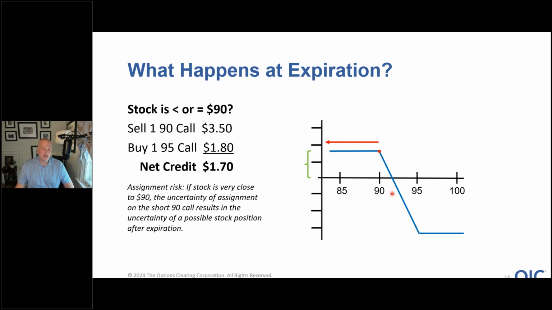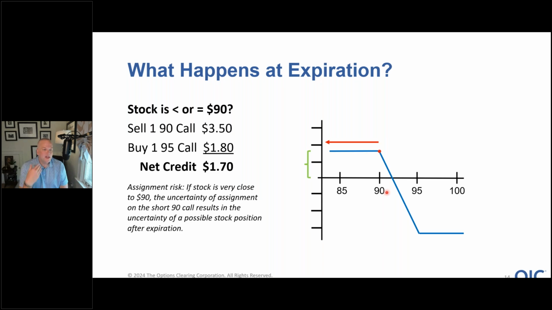If you were to be assigned on these 90s, because you incur the liability of making that contract whole, someone who is exercising the 90 call is converting that call into a long stock position at 90. Thus, you are incurring the obligation of making that contract whole. You have to deliver the stock at 90, essentially.